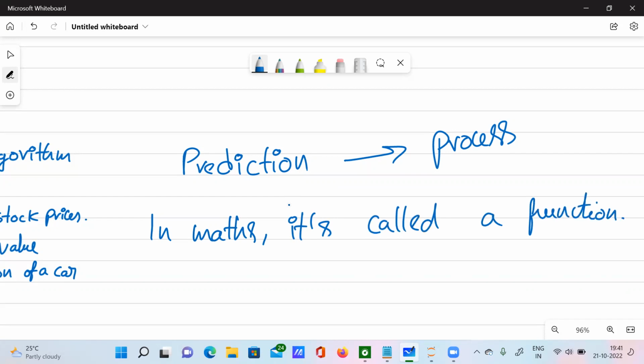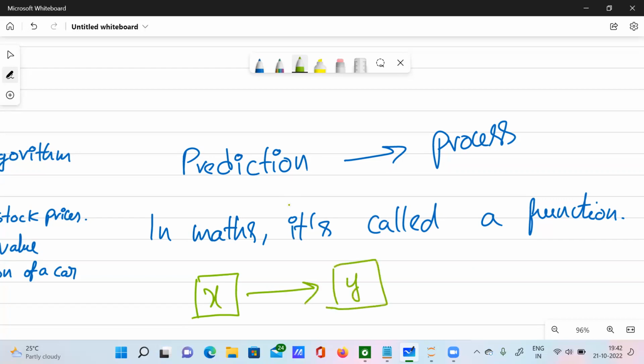Don't worry, I'll explain you the great examples. For example, let's say I have some kind of x. I need to use this particular x, and using this particular x, I need to predict some y.